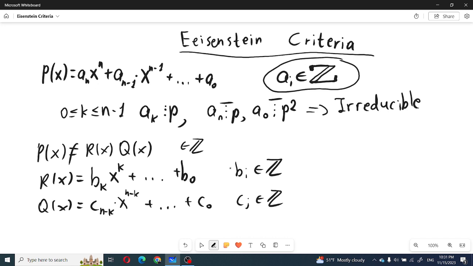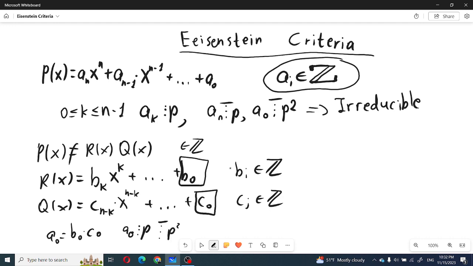If we take the product of r(x) times q(x), what can be seen about the free term, which doesn't have any x? a_0 clearly must be equal to b_0 times c_0. And we know that a_0 is divisible by p, but not p squared.